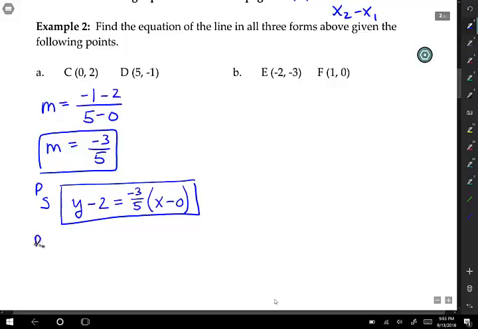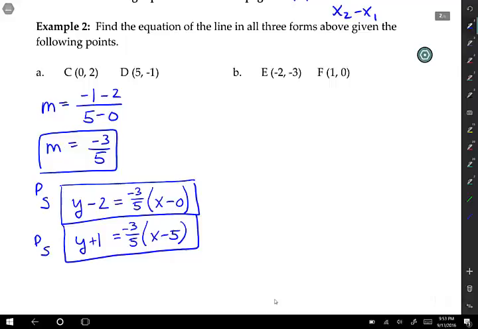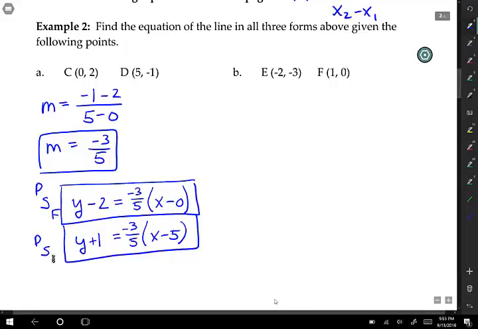Or a second point-slope form could be written with the other point as y plus 1 equals negative 3/5 times x minus 5.